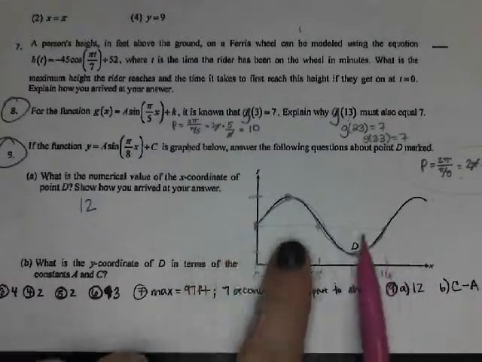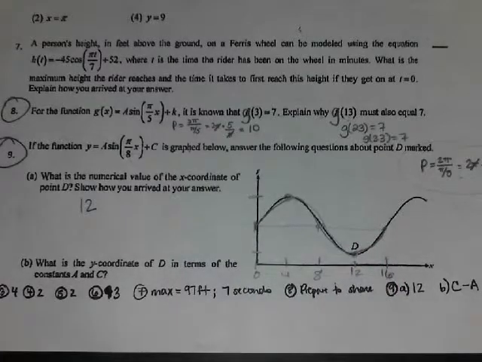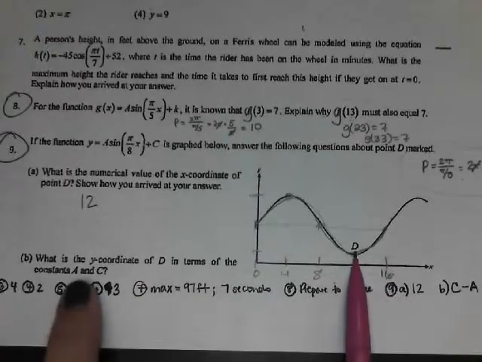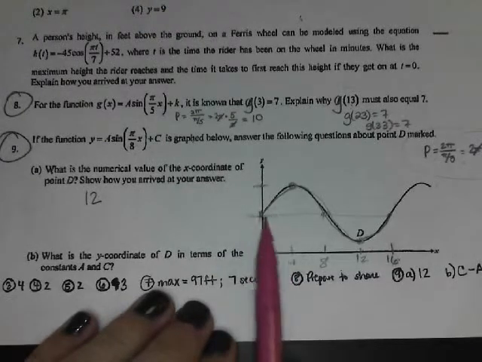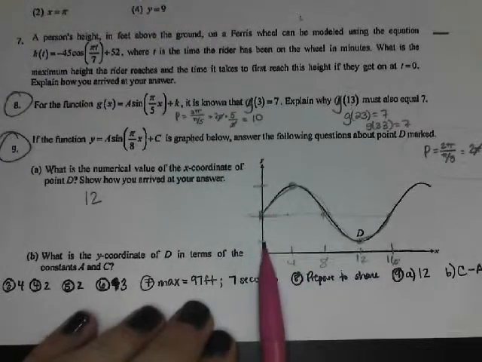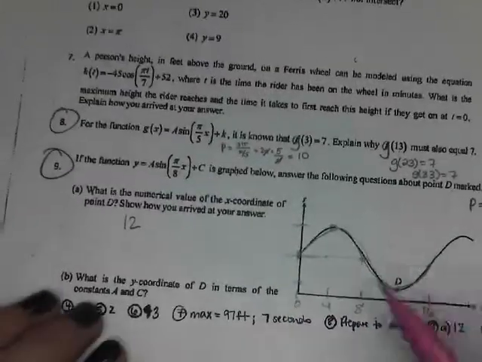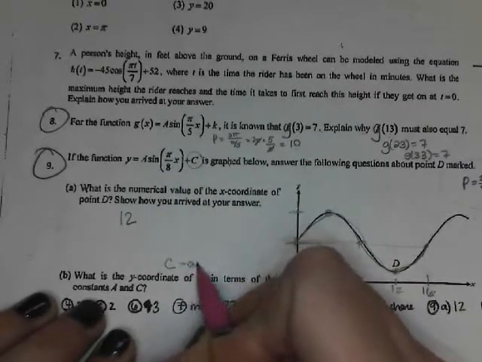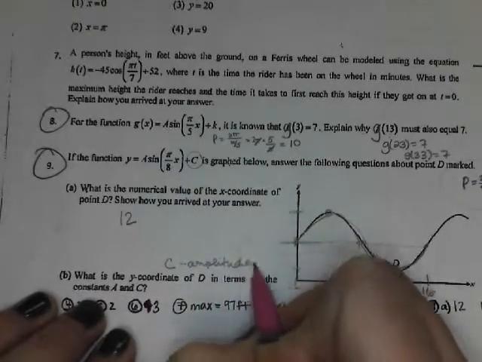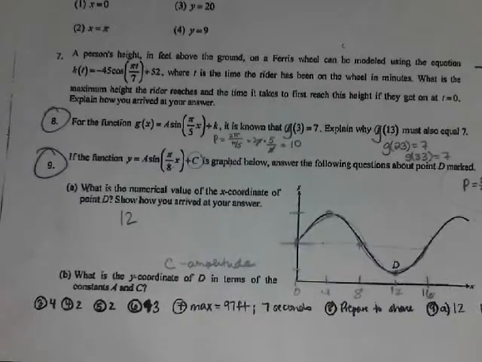You can't really show the rest of what I did without some explanation and wording to hear along with it. And then for B, what is the y-coordinate of D in terms of A and C? So we'll never know the value, but we'll know that it's whatever C is, the C midline, minus the amplitude, which is really your A value.